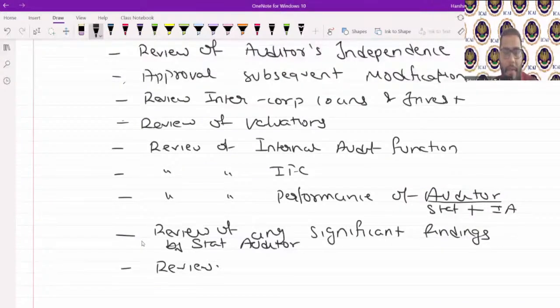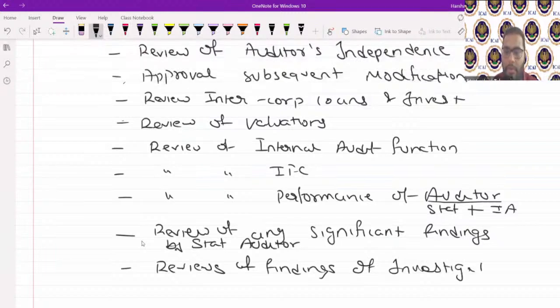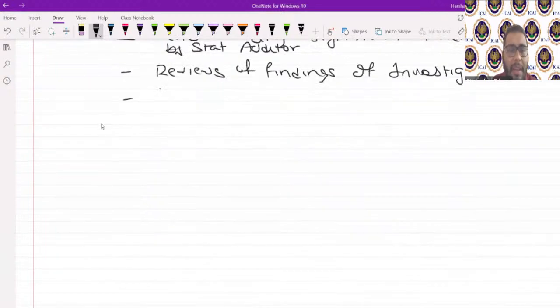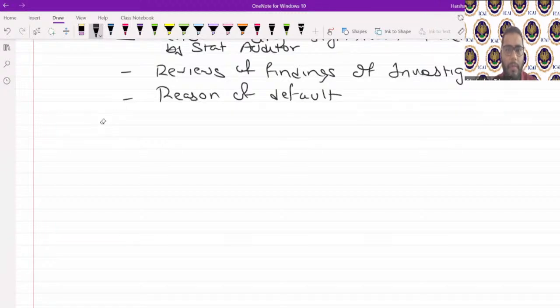Review of findings of investigation, if any, going on. Understanding the reasons of default, if there is any.